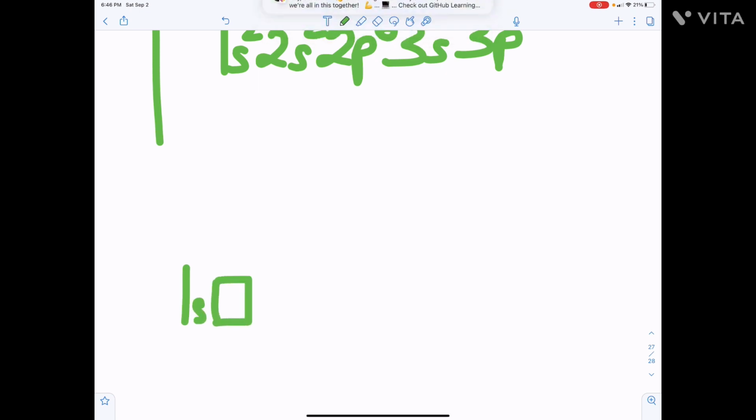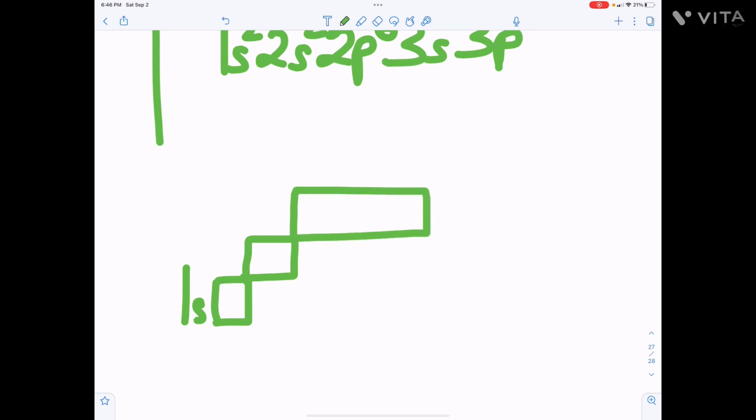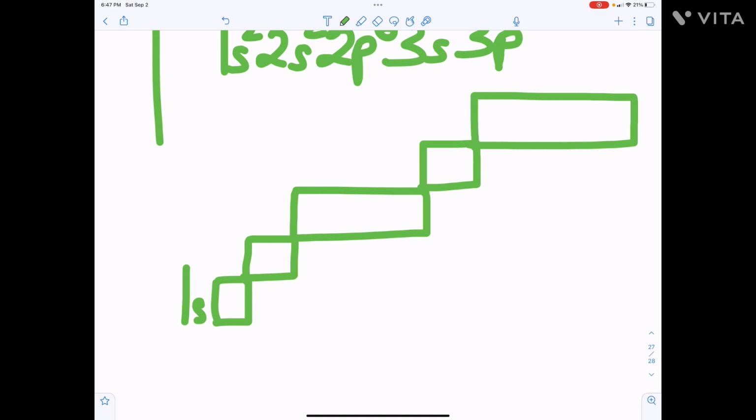1s2 looks like this in the atom. 1s2, 2s2, 2p6, 3s2, and what? 3p3.